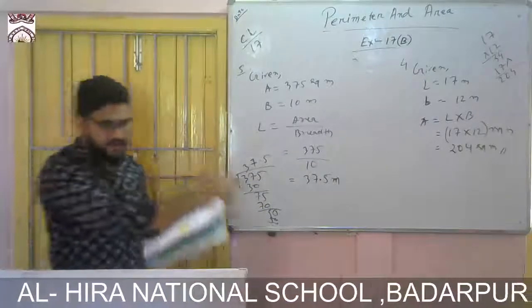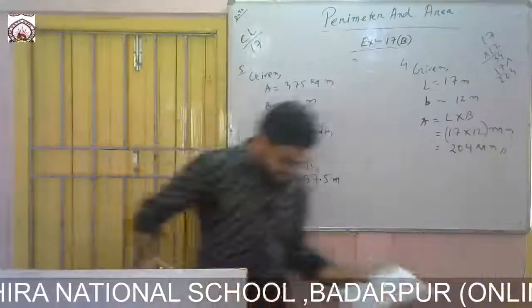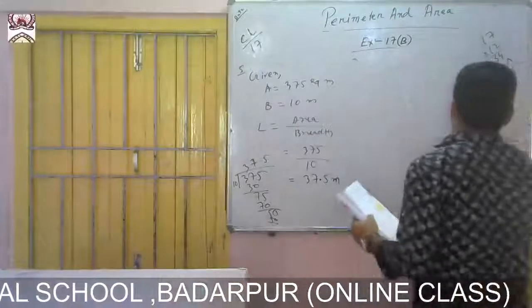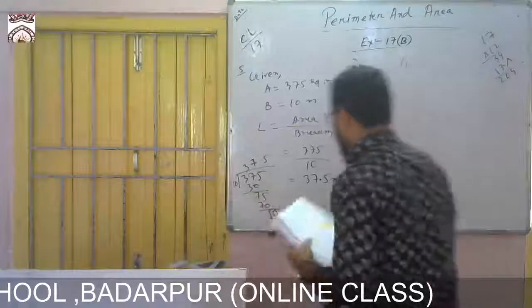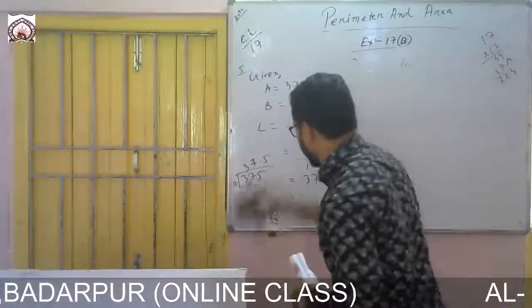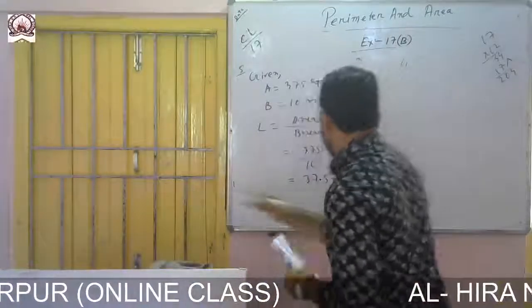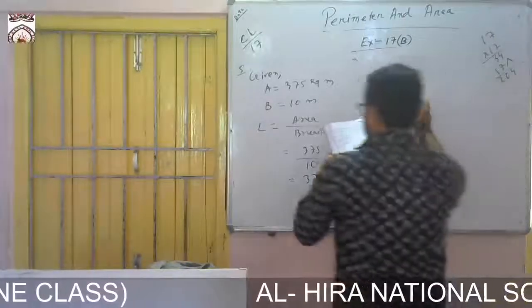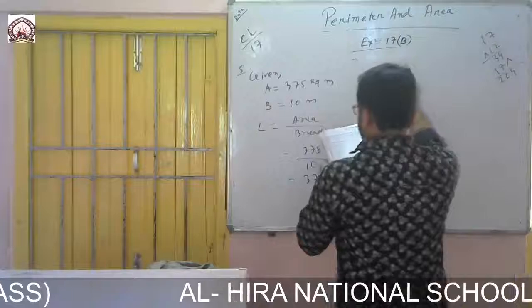Now come to question number 6. So in question number 6, what is there? We need to find breadth, just the opposite of this one.